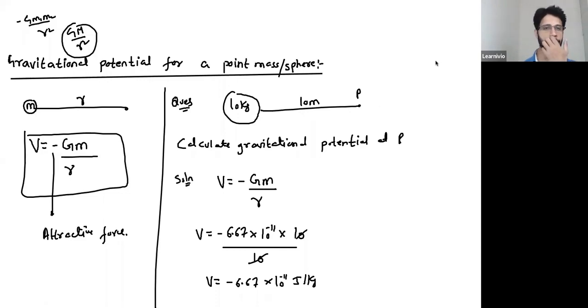So this is for a system having just one mass. But if you have a system having, say, two or more masses, then just like field, calculate potential due to individual mass and then add them up.